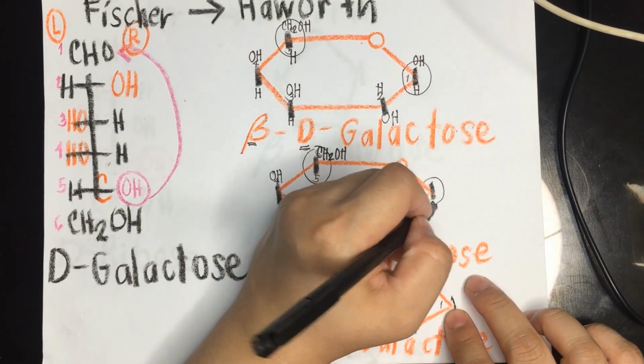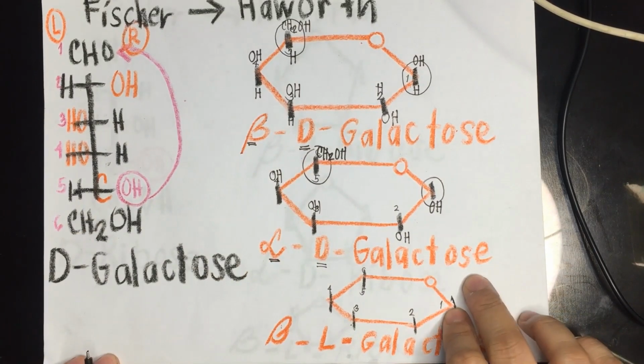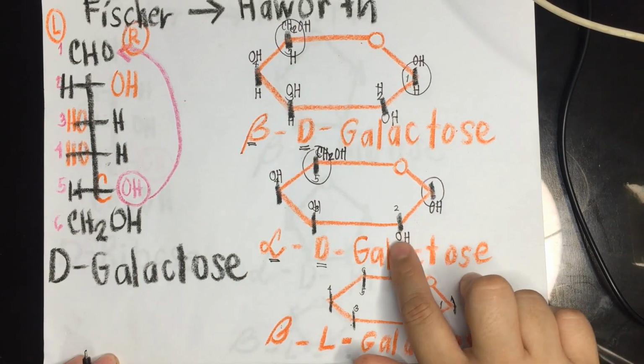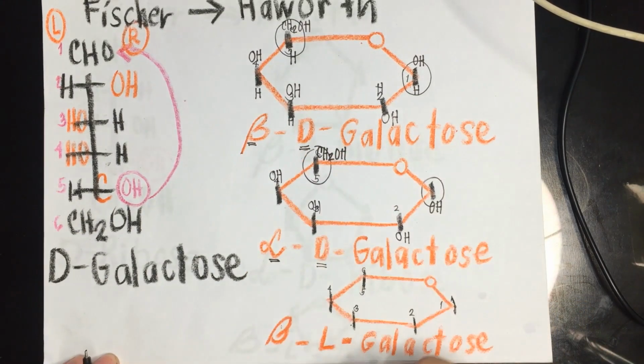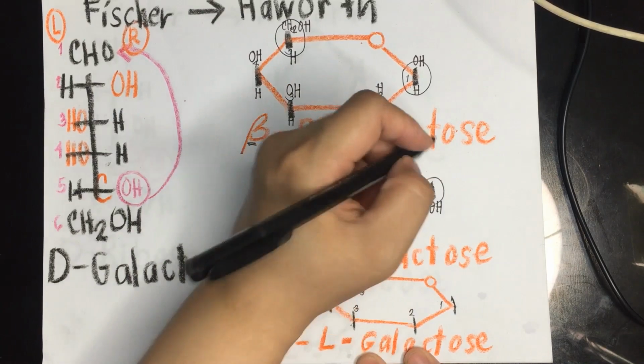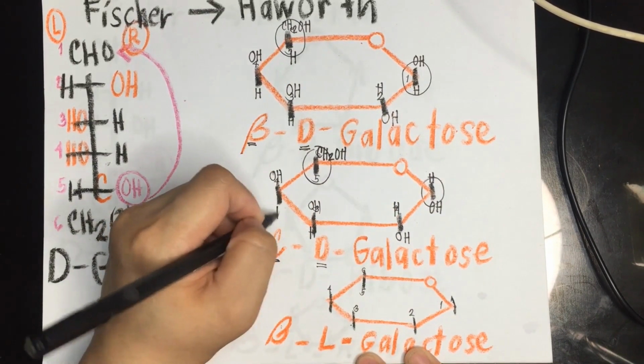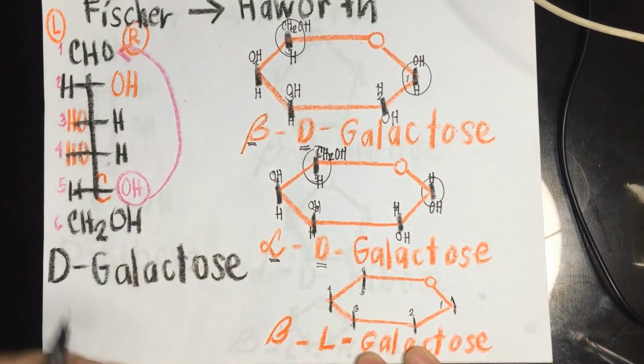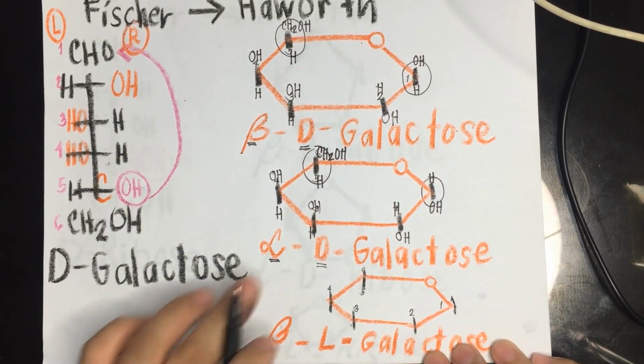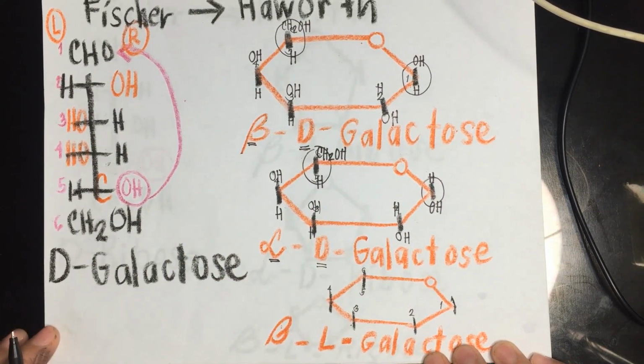So, hydroxyl group is to be placed below. So, after being able to complete all of the hydroxyl group on their places, including the terminal alcohol, we are now going to place their pair, the hydrogen. So, this is now our alpha D galactose.